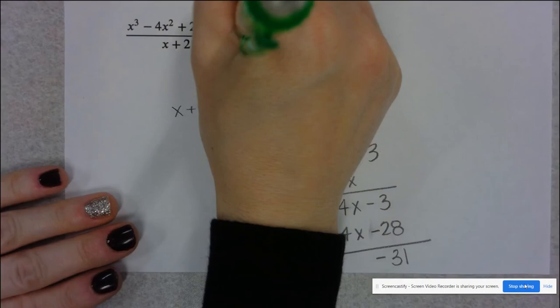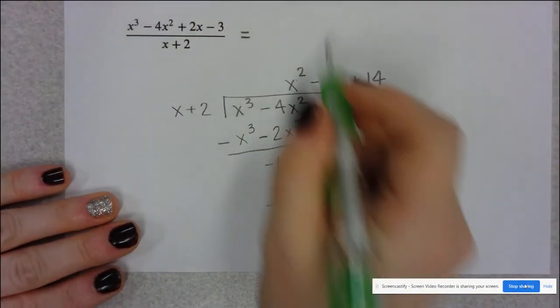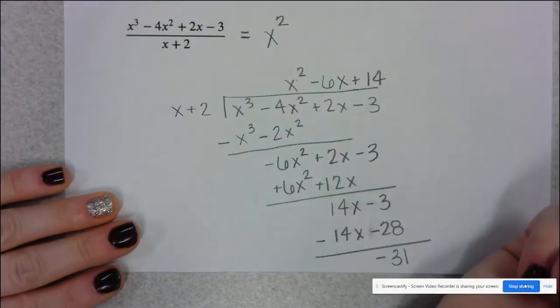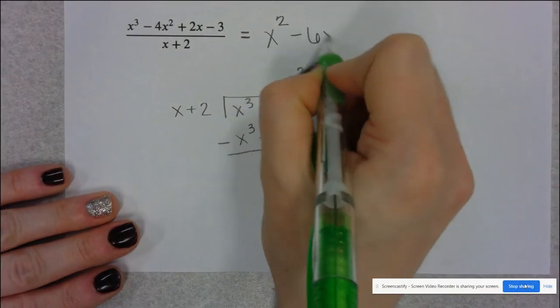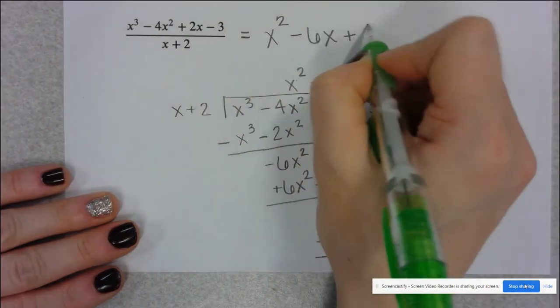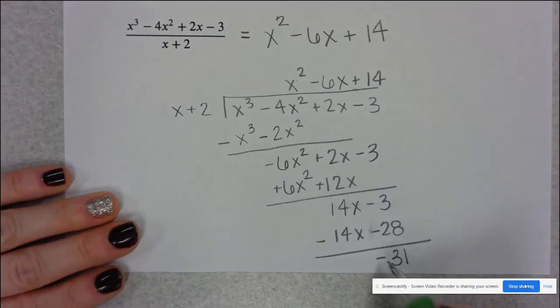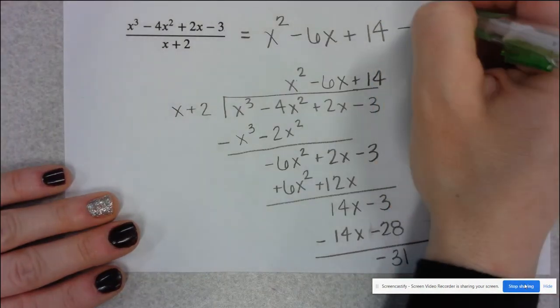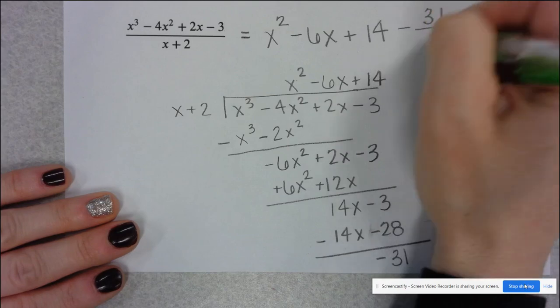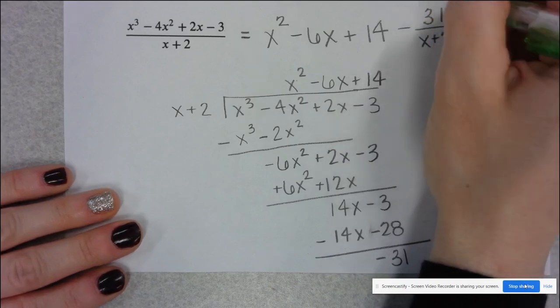So when I write my answer, it will be x squared minus 6x plus 14. Now in this case it's minus because my remainder was negative 31 over x plus 2.